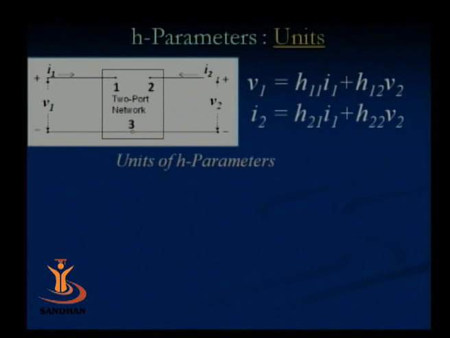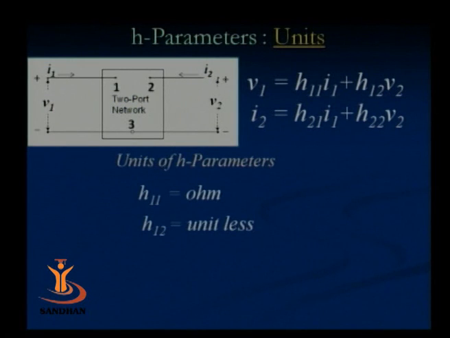Now since I1 is the current, we know ampere is the unit. So what should be the unit of H11? H11 must be ohm, so that when ohm is multiplied by ampere, we get a voltage. This is how we designate the unit of a particular H parameter. So H11, the first H parameter, has a unit of ohm.